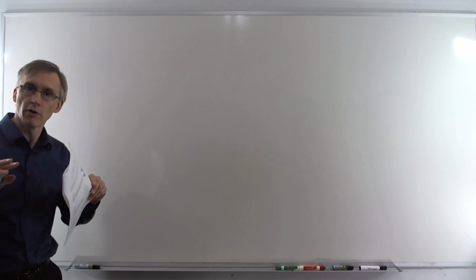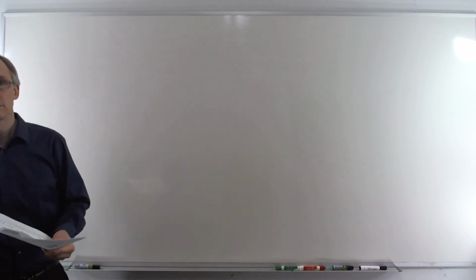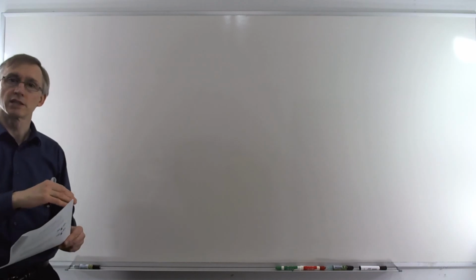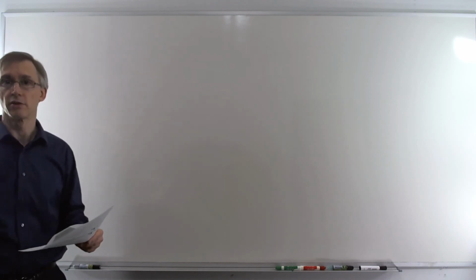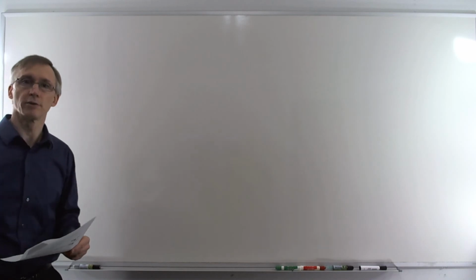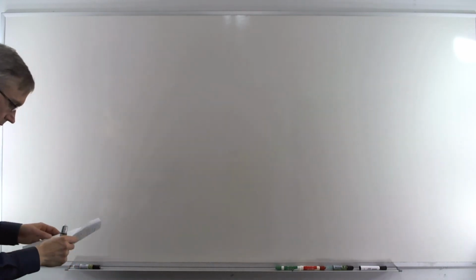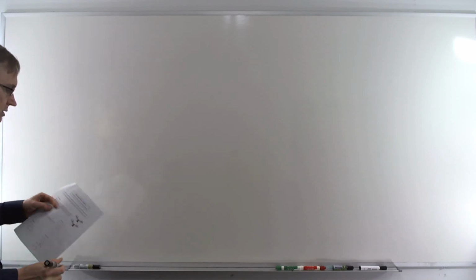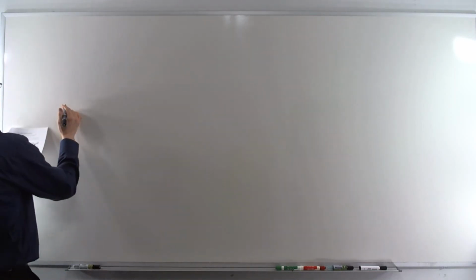And we're going to learn some moves we can make that create equivalent equations. That means when we make these moves, the solution set does not change. So the solution that we get at the end is going to be the same solution as the original equation. And one of the properties we're going to use to make these moves is the addition property of equations.